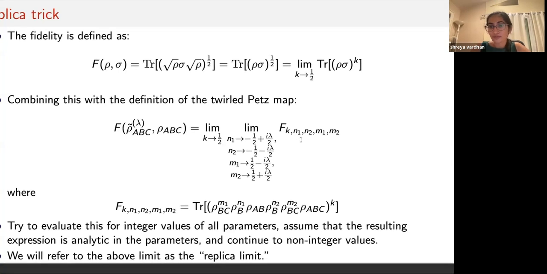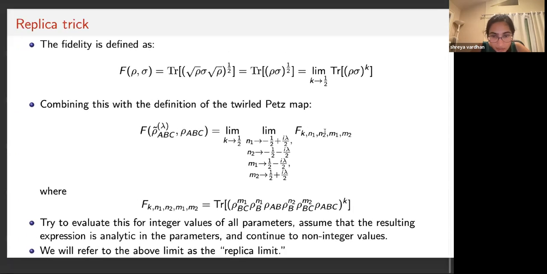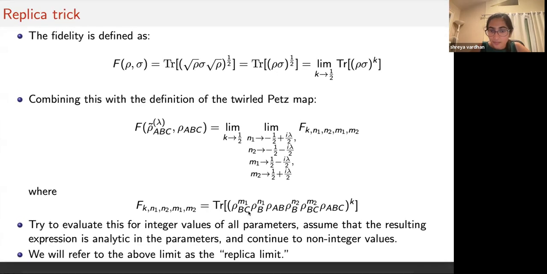So overall, we have 5 different replica indices. And the thing that we want to calculate is this combination of powers of various reduced density matrices. Okay, so the strategy is to find this for integers and then send the resulting expression to these values, which we call the replica limit.